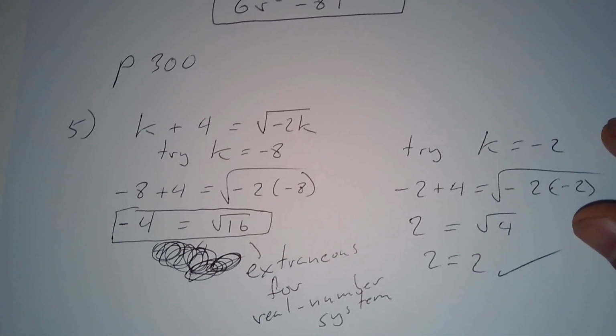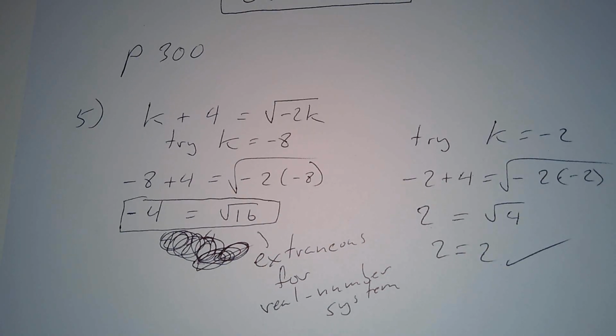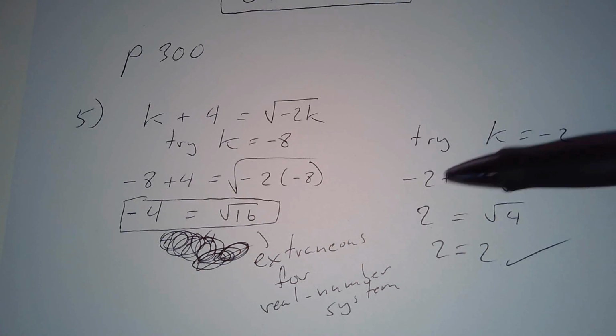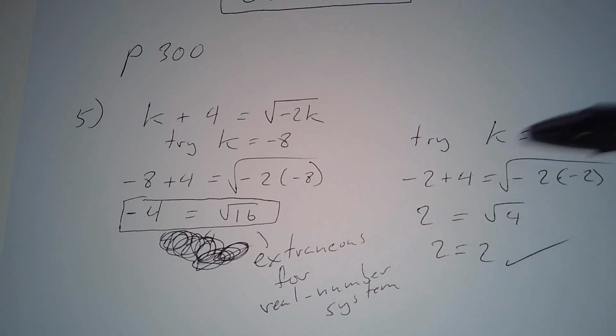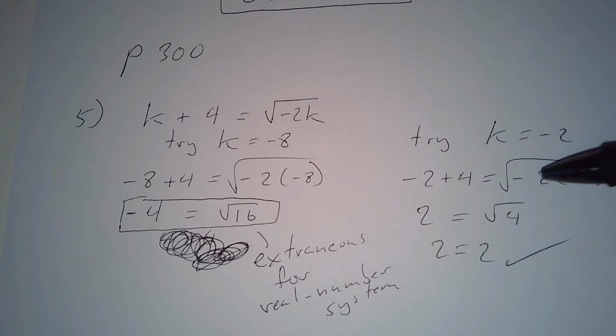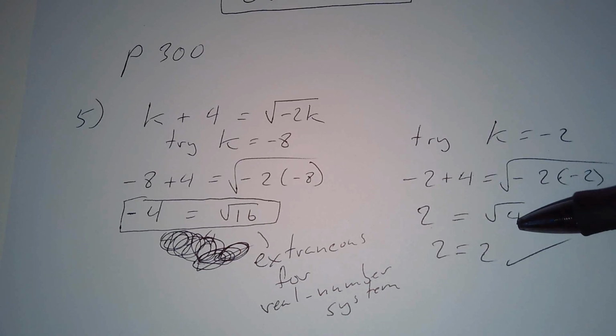If we look at k equals negative 2, we got negative 2 plus 4, so we substitute it back in, that's going to give you 2. And then in the root here, you got negative 2 times negative 2, which is 4. Square root of 4 is 2.